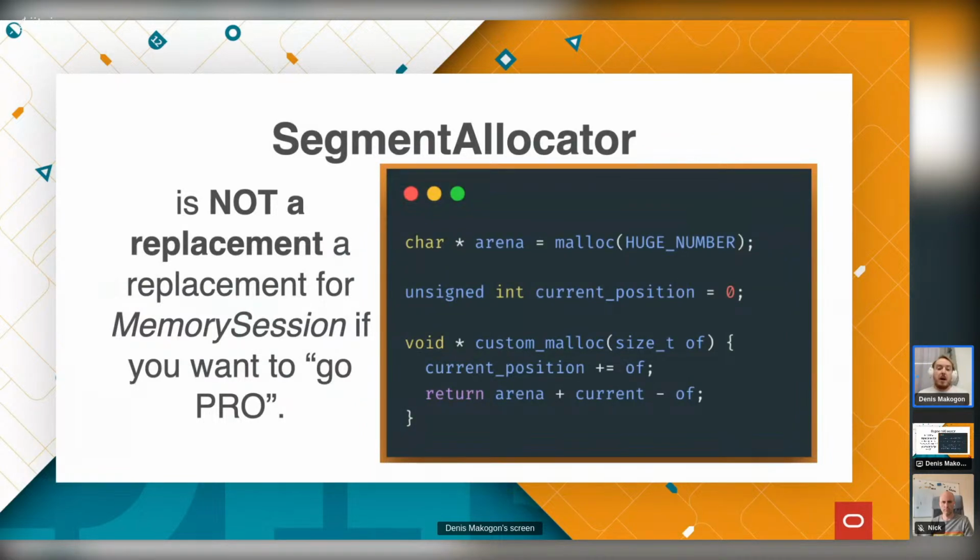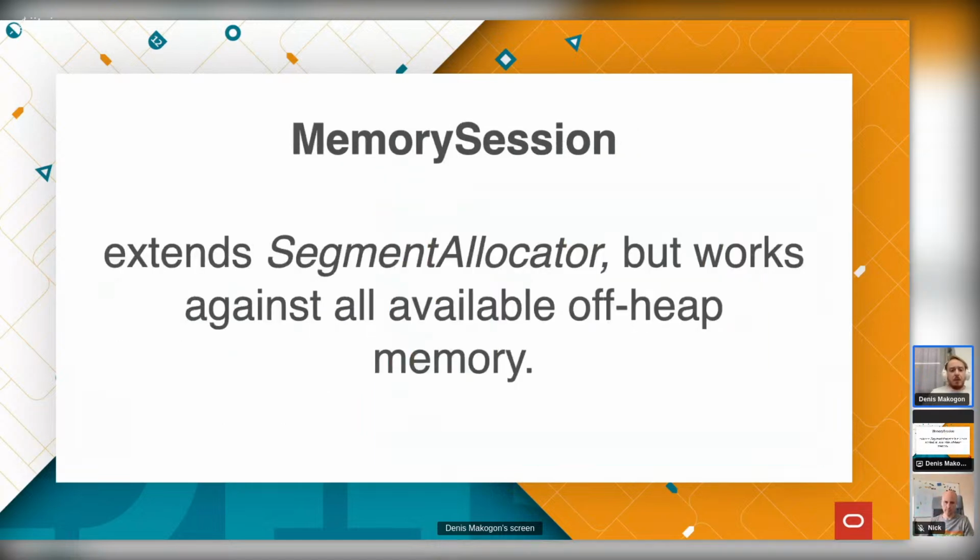So the segment allocator in Java is a lower-level memory management API, similar to C or C++, which isn't a replacement for a memory session, but rather a way to manage memory arenas at once using the same allocation methods. The memory session can do the same as the segment allocator, but it can work against all available off-heap memory, while the segment allocator is often used to work against arenas.